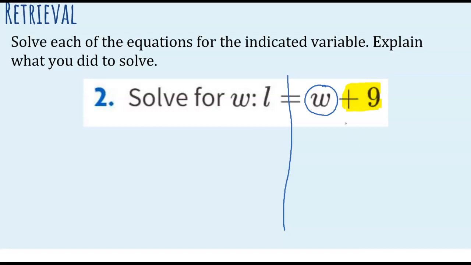So the inverse operation of add is going to be subtract 9 from both sides, and we get L minus 9 equals W. Notice in this case we did have a number. We can use numbers, we can bring them around, but we were not able to simplify because we don't know what's in this variable over here, L. It just becomes L minus 9. We can't simplify that at all.